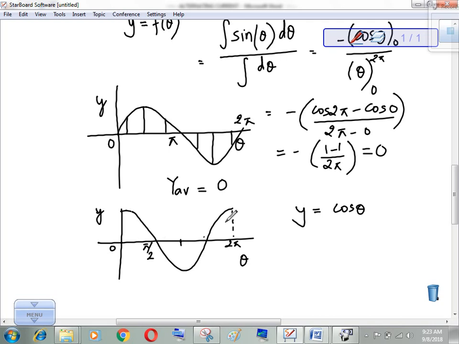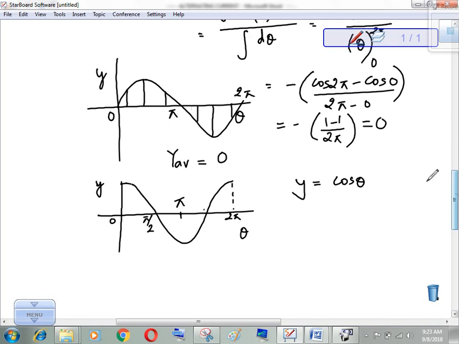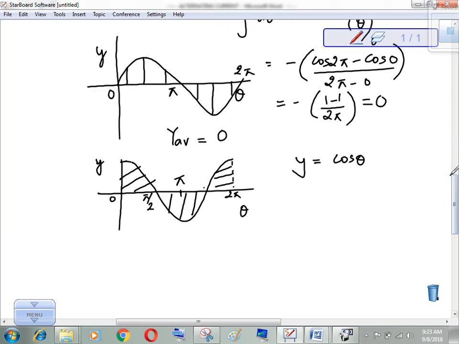This is the complete cycle. Now, if I want to find average value for complete cycle, this total positive area is equal to this total negative area. So that is the reason that for complete cycle of this signal, the average value of y is coming out 0.